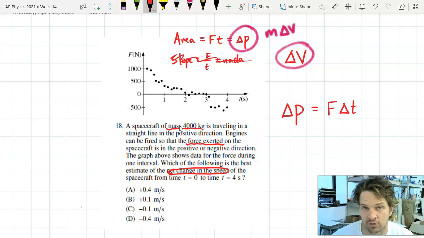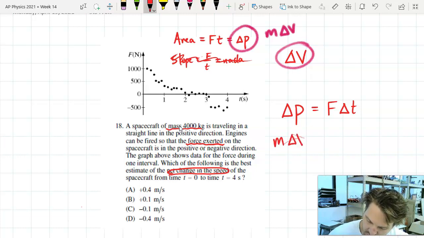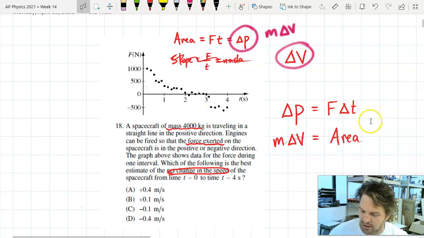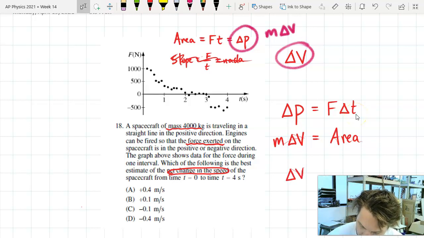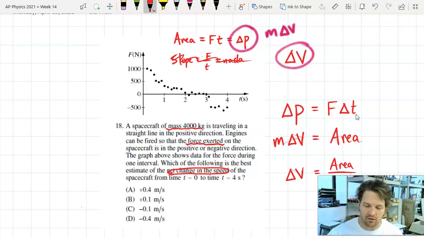That's on your formula sheet. I know that there is mass times change in velocity right there. And that impulse right there comes from the area of my graph. And so really all I need to do now is get this change in speed alone. So that would be area over mass. Now I just need to know what the area is, right?